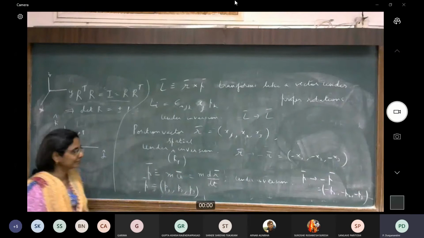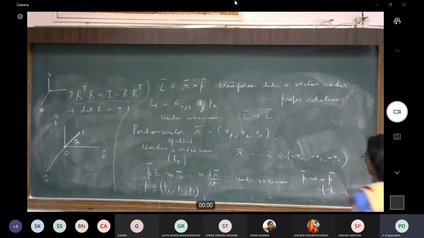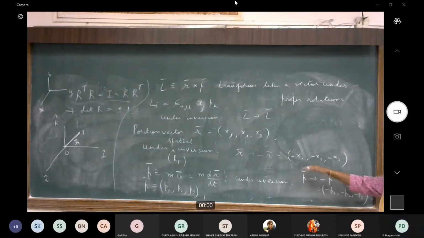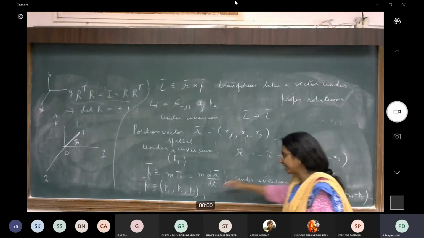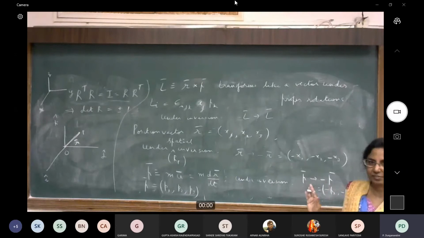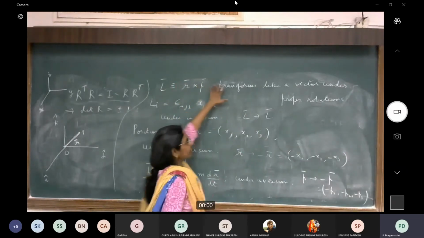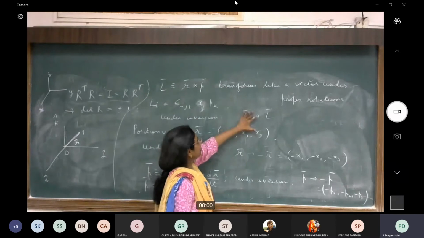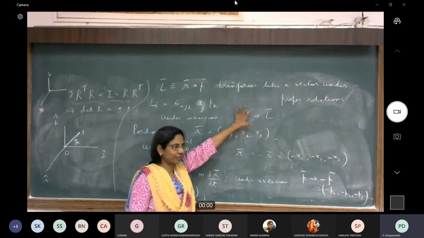So you can see now I have two kinds of vectors, or two kinds of objects, tensors of rank 1. There are tensors like the position vector and the momentum vector, which change sign completely. All the components change sign under inversion. And then I have another object which also transforms like a vector under proper rotation, but under inversion it does not change sign. You people know the names for this.